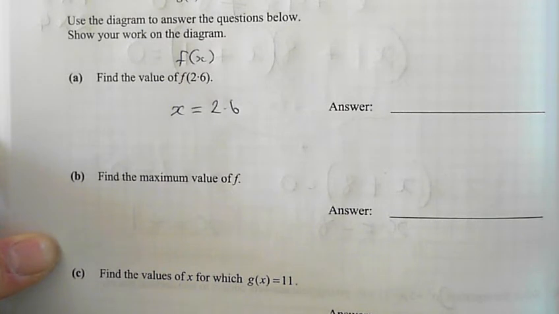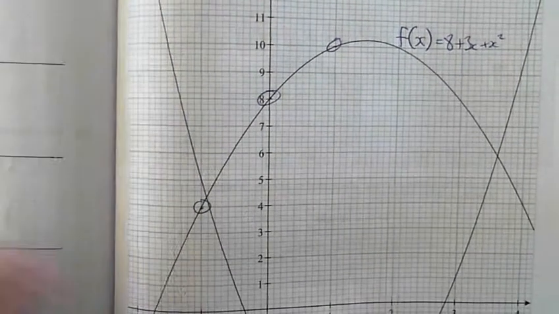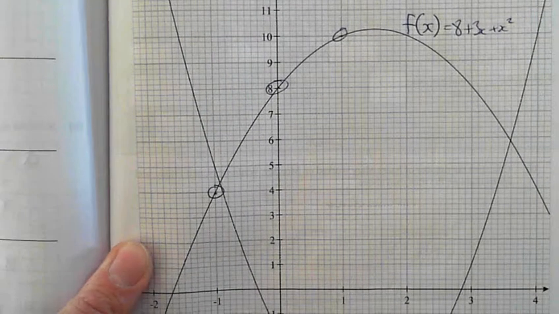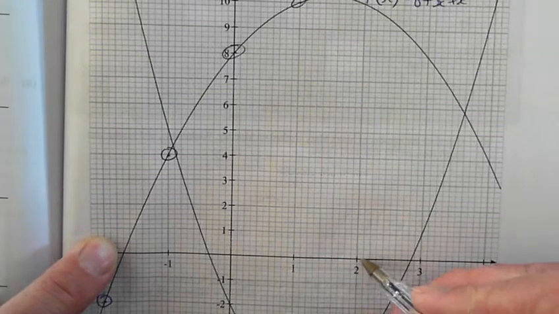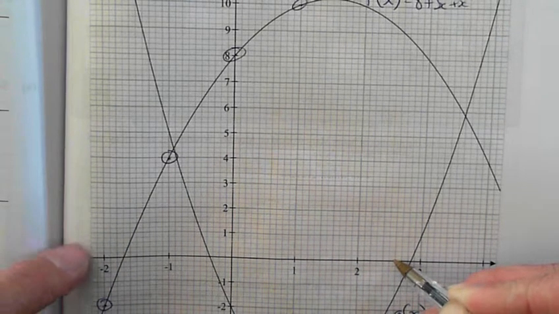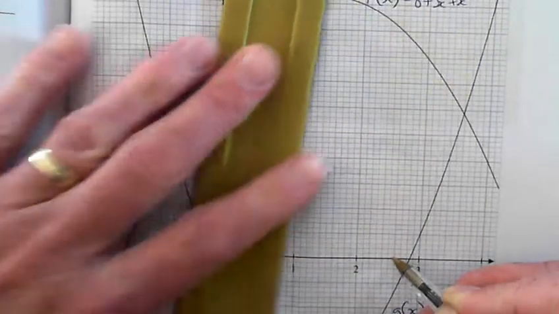Just one second. Zoom out a bit. Right, so go to the graph. Find 2.6. There's 2.5, 2.6. And we go to touch the f graph, which is the curve.